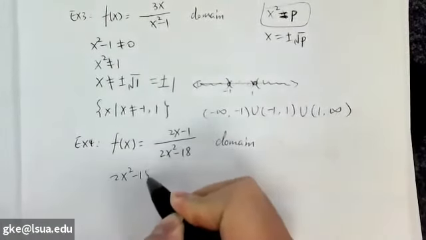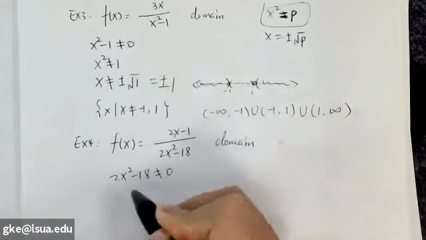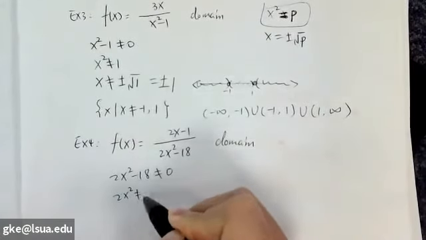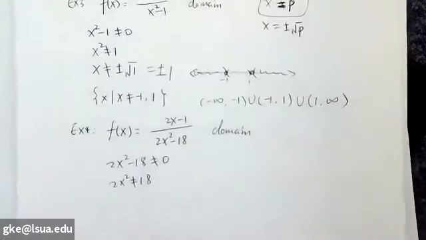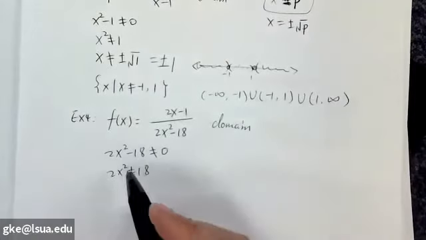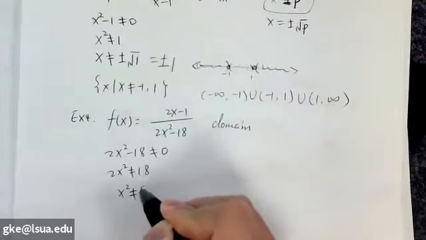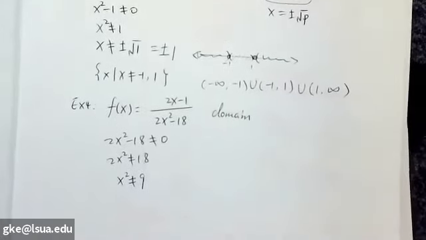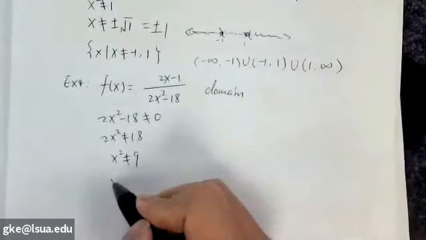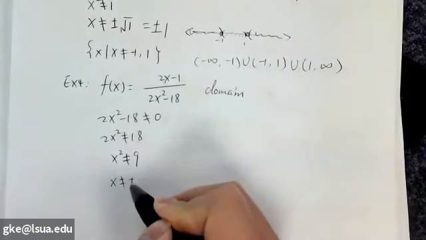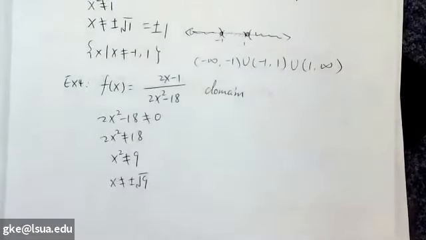2x squared minus 18 doesn't equal 0. Add 18 to both sides, divide by 2 on both sides, and you get this formula.